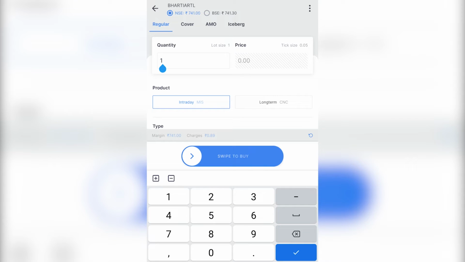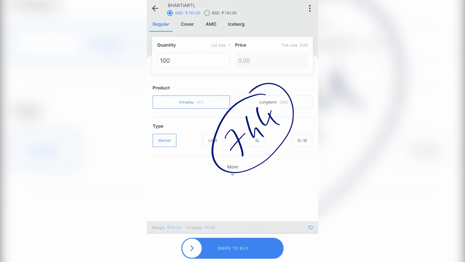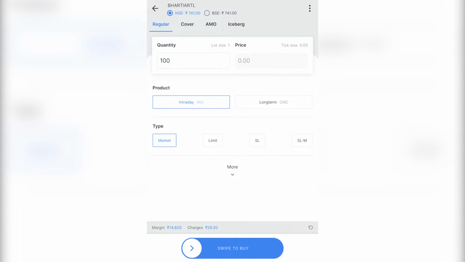So let me say that I want to buy 100 shares of Bharti Airtel. Now, how much would this cost me in a normal scenario? This will cost me over 74,000 rupees. But when I go and check my margin for 100 quantities over here, let me refresh, you will notice I can take this trade for only 14,000 rupees. So how is it that I'm getting a trade of 74,000 in 14,000?